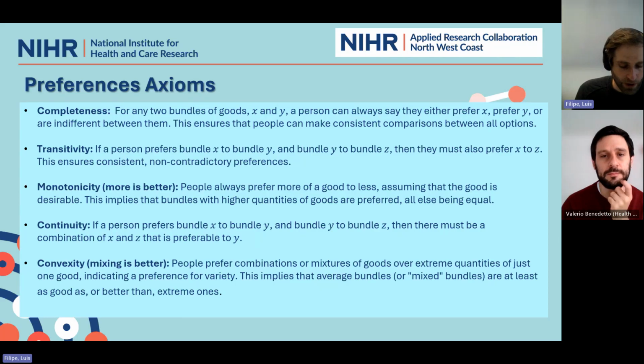Completeness is very simple. It means that for two goods or two bundles, you can always choose. And choosing means you can say that either you prefer strawberries to apples, or you weakly prefer strawberries to apples, or you are indifferent between strawberries and apples.